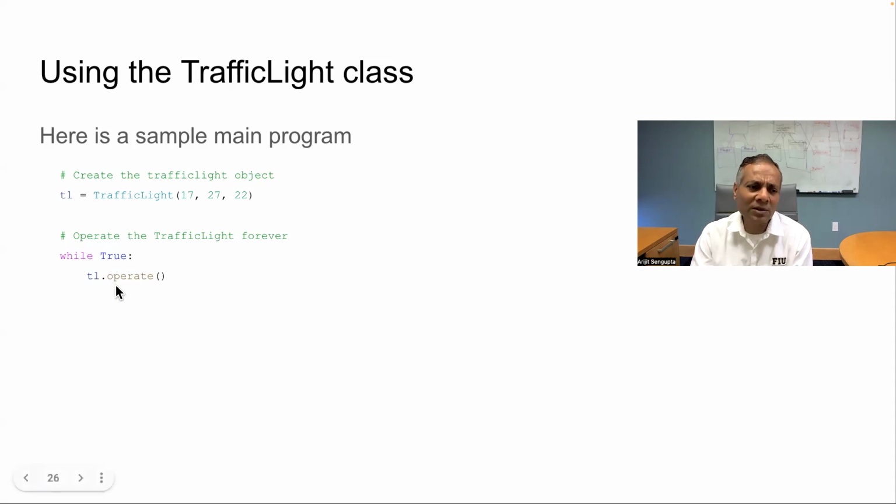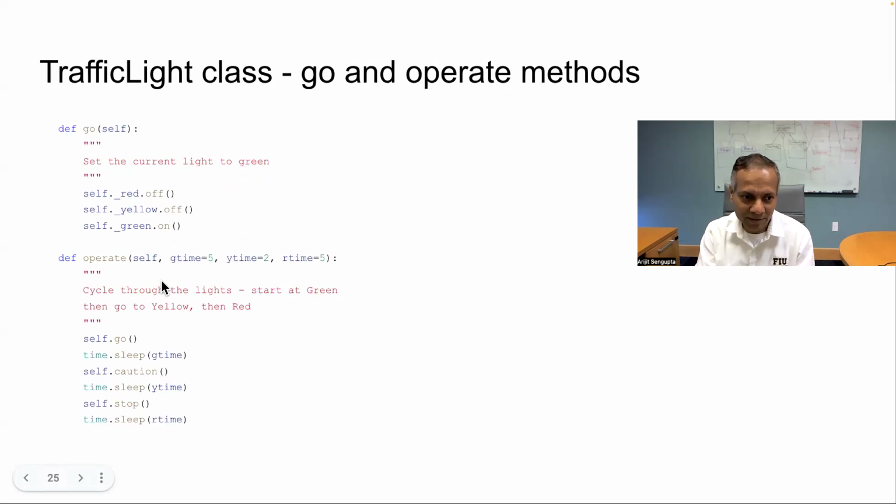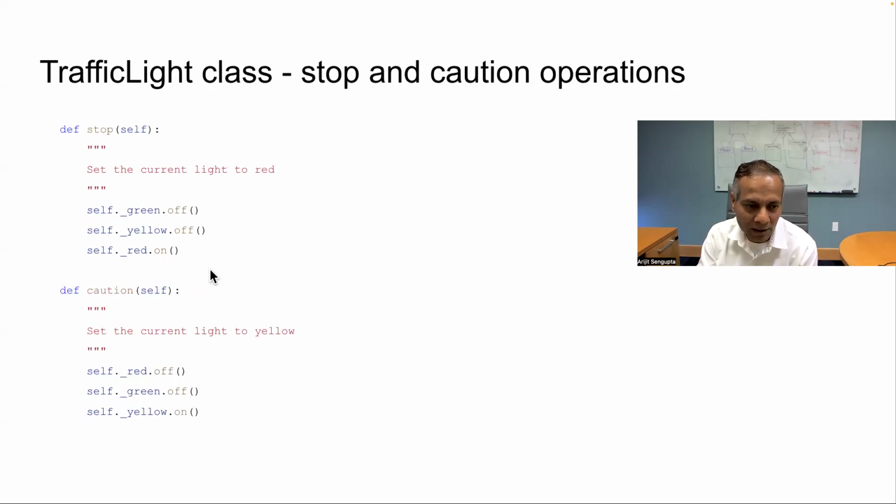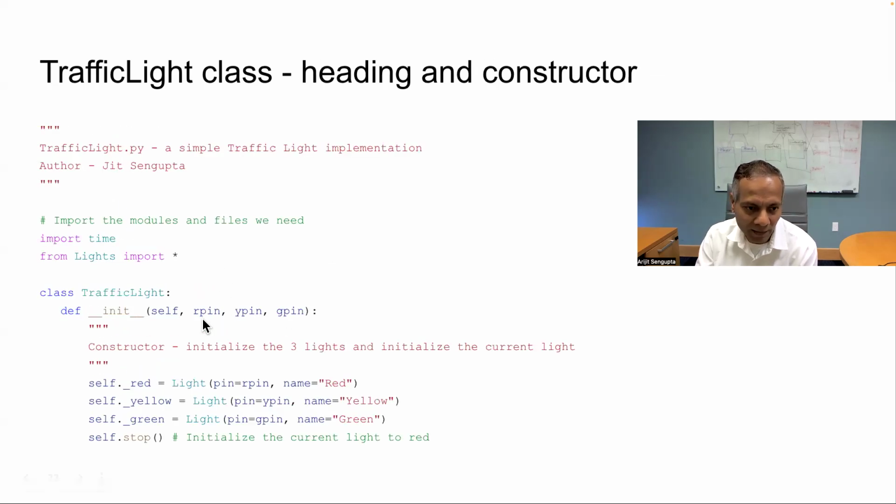Now, some of you will notice that, hey, I did not send any parameters. Operate takes 3 parameters, right? But what is nice about Python is that you can actually give default values to your parameters. In the initializer, we did not give default values. The R pin, Y pin, G pin had no default values.